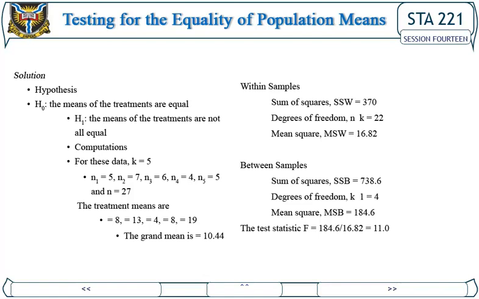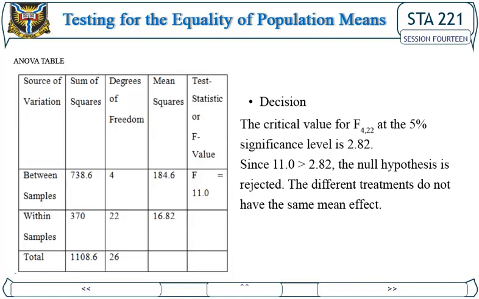The test statistic F equals 184.6 over 16.82, which equals 11.00. ANOVA table. Source of variation, sum of squares, degrees of freedom, mean squares, test statistic or F value. Between samples, within samples, total.